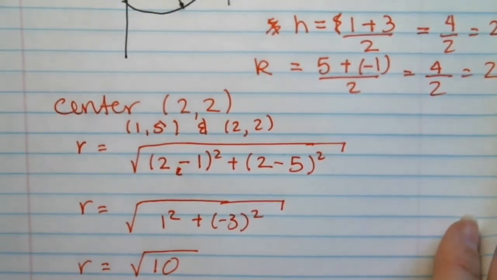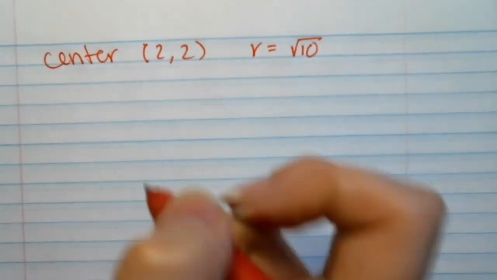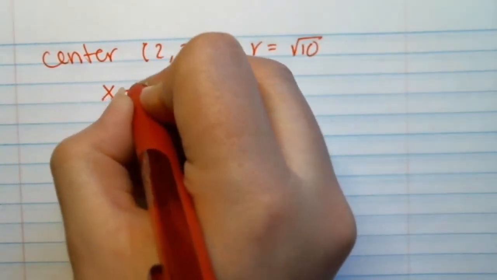So to summarize the information that we have, we know that the center is 2, 2, and our radius is root 10. So we're going to fill that into this information.